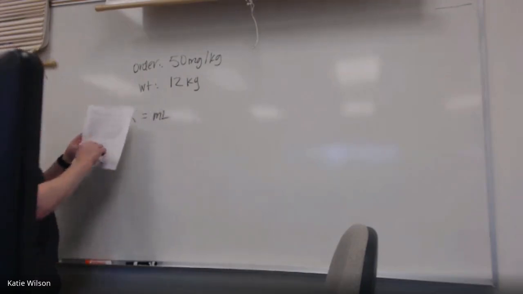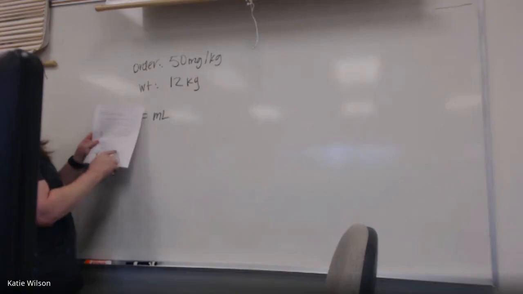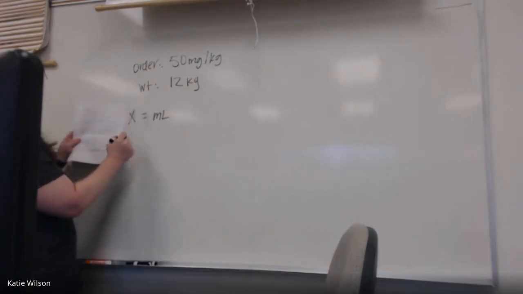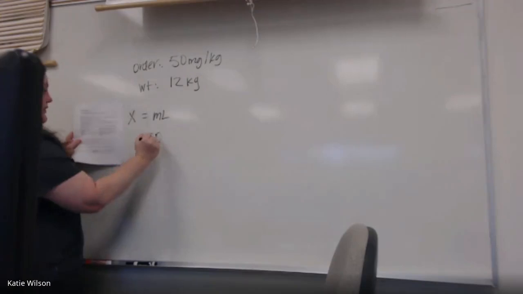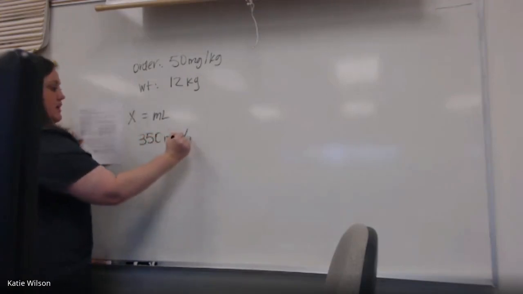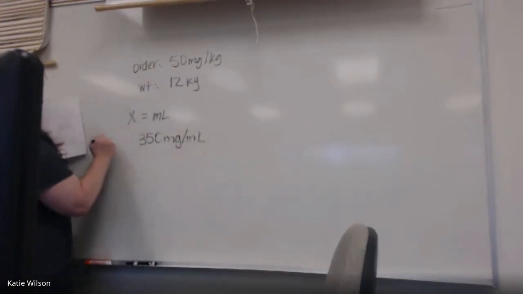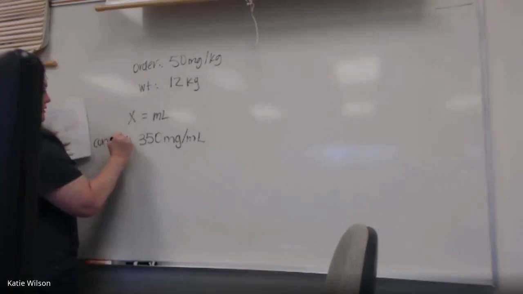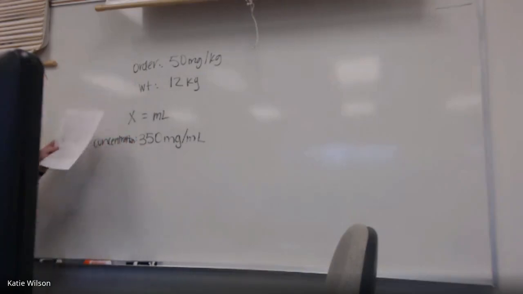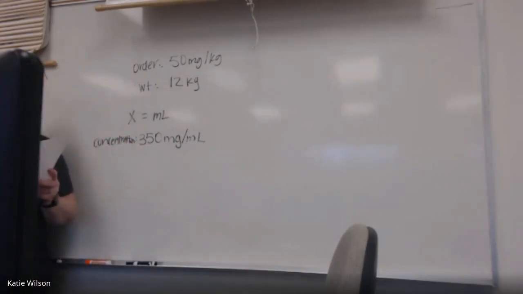So it tells us in the problem, if the vial is mixed with 1 mL, and that's what we're going to do, then our concentration is 350 milligrams per milliliter. Yeah, that's why you use that one instead of the 1.8. Because they told us to.